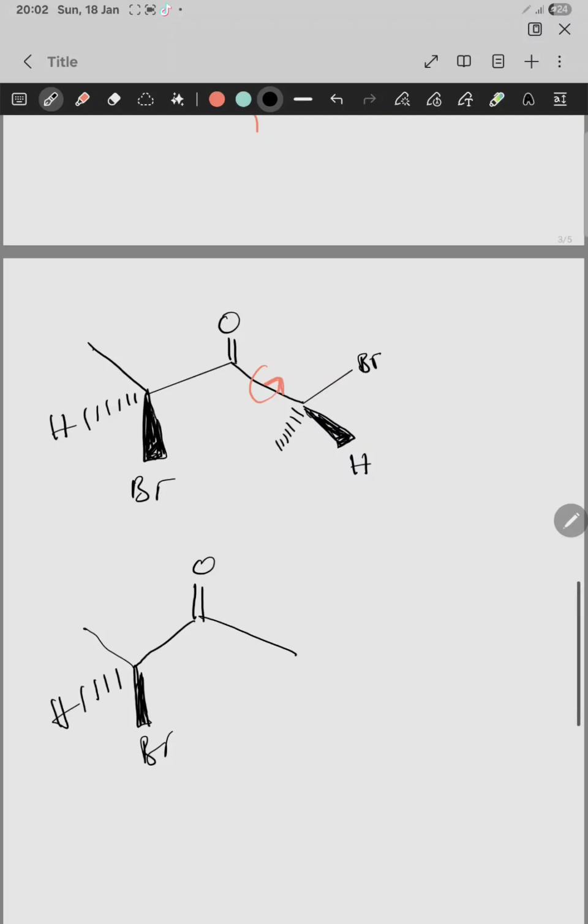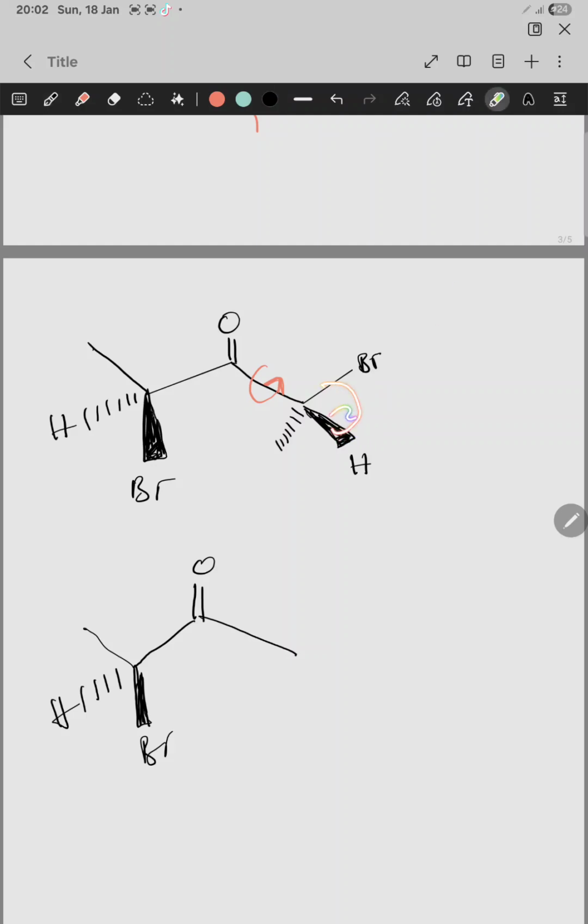Then now we are rotating this bond here, to see how these atoms can be repositioned. If I rotate this hydrogen here, I'm taking it to the other side. I hope you're able to see.